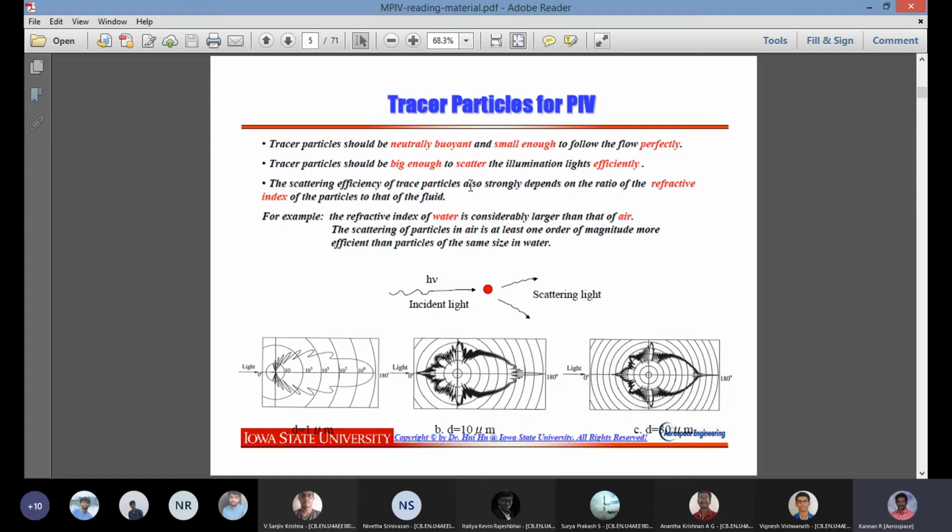The scattering efficiency of the tracer particle also strongly depends on the ratio of the refractive index of the particle to that of the fluid, because there needs to be a contrast. The refractive index of water is considerably larger than that of air, so a scattering particle in air is at least 1 order of magnitude more efficient than a particle of the same size in water.